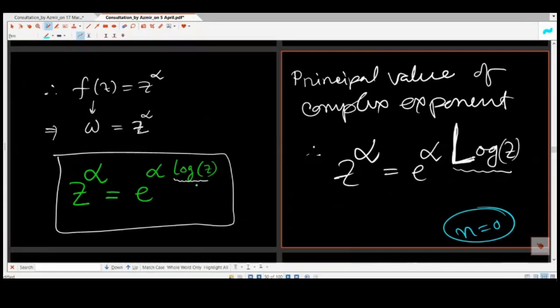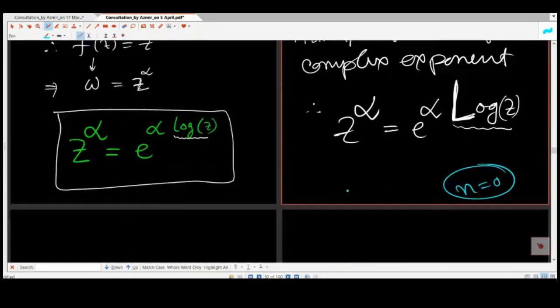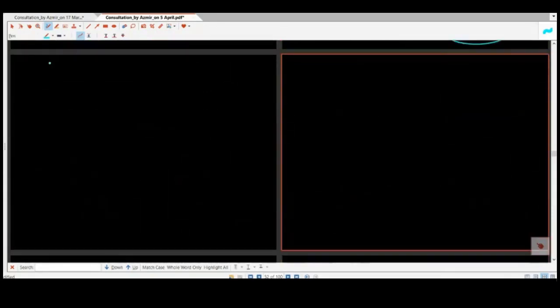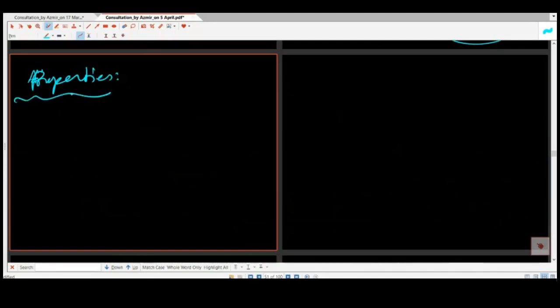Since we are dealing with log functions, we can think about the properties that we have. Let's have a look at the properties. If we have log of z1 z2, then we can write log of z1 plus log of z2.